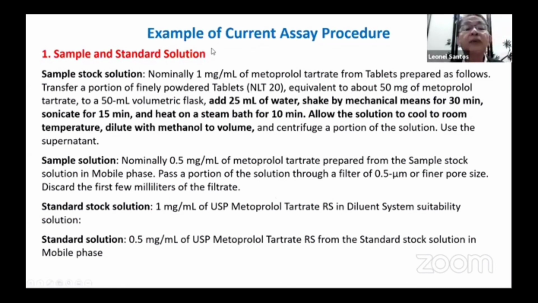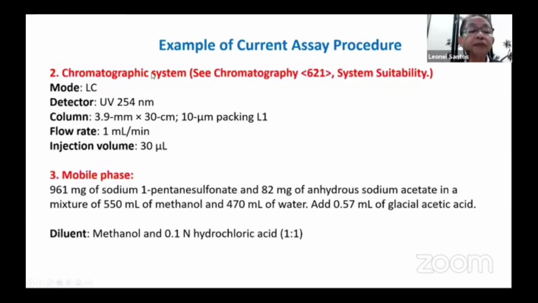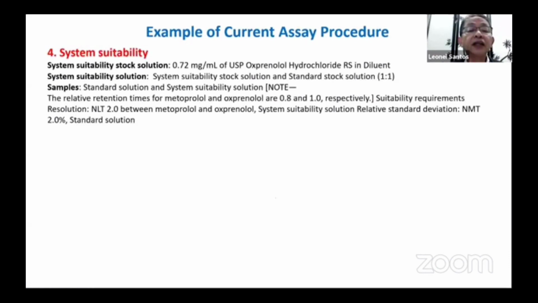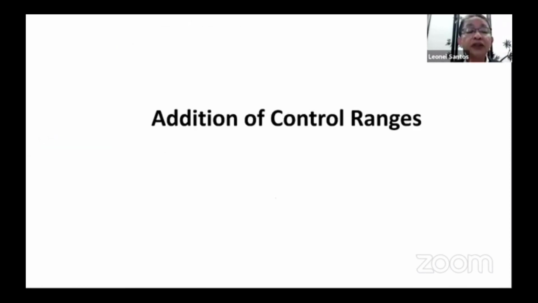This is an example of a current assay procedure from USP, with the sample and standard solution, the chromatographic system, the mobile phase, system suitability, analysis, and acceptance criteria.